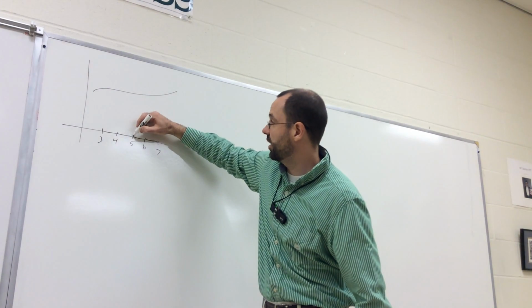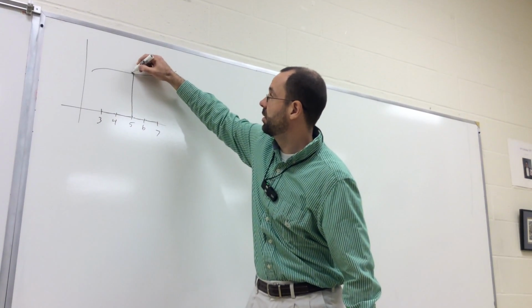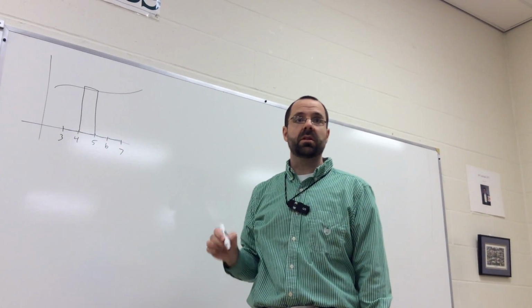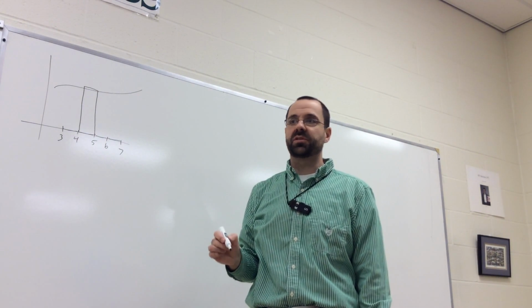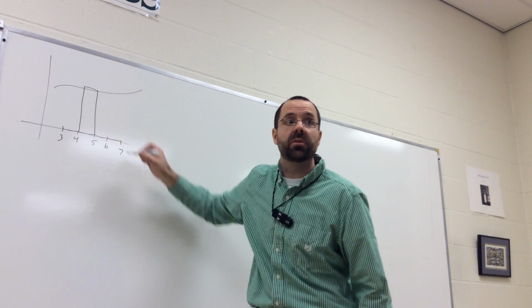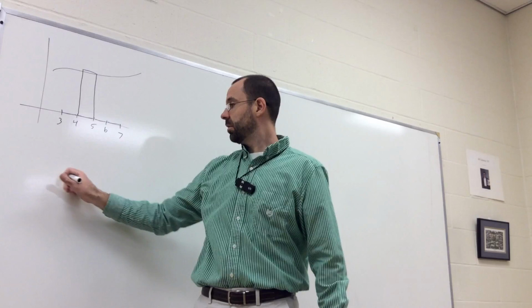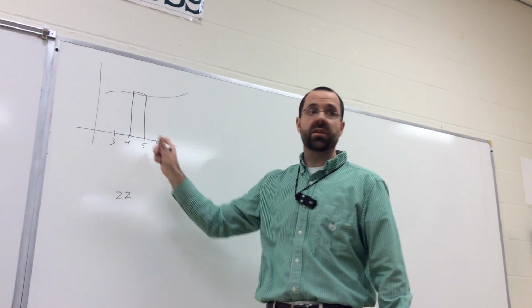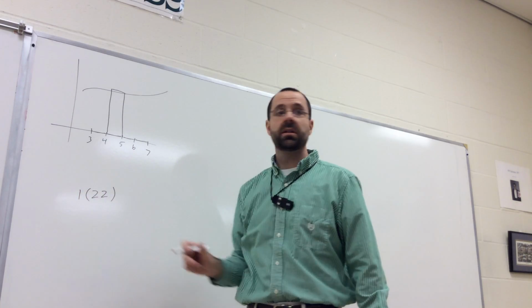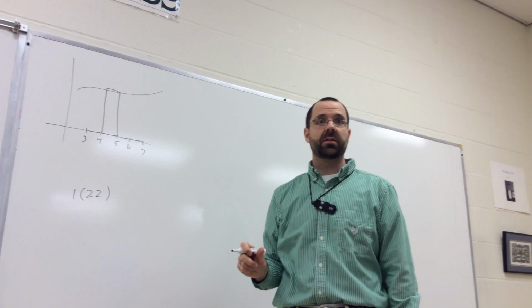So the height of this rectangle is 22, because 5 times 4 is 20 plus 2 is 22. And what's the width of it? 1. So you take 1 times 22 to get the area of it.